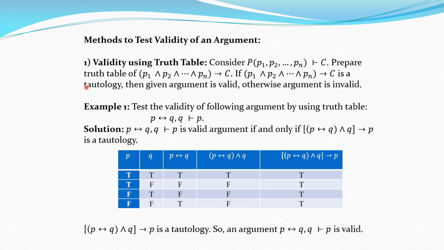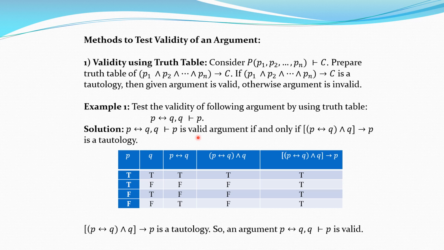According to this, we have to prepare the table as P1 and P2 implies C. So, this is a valid argument if and only if P1 and P2 implication C, meaning P double implication Q and Q implication P, is a tautology.